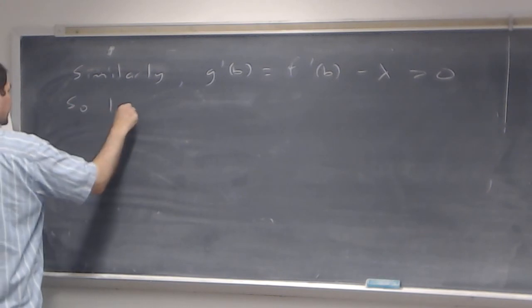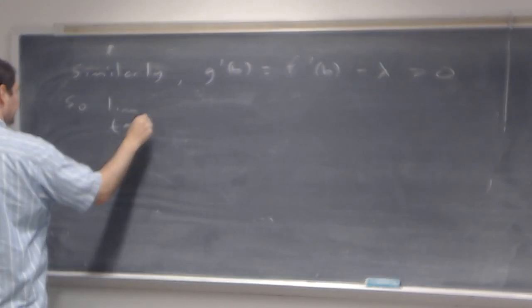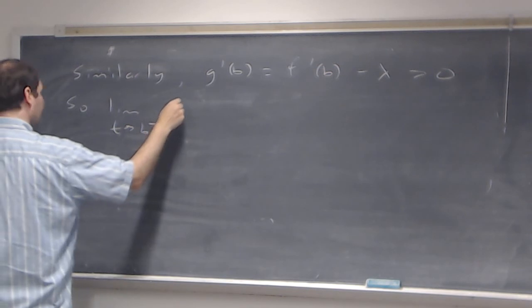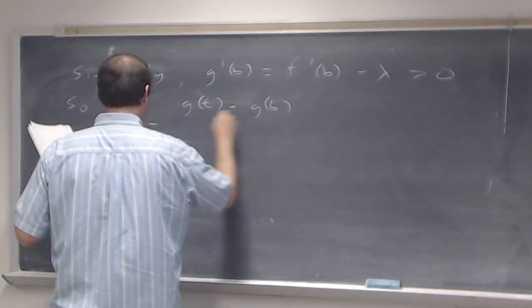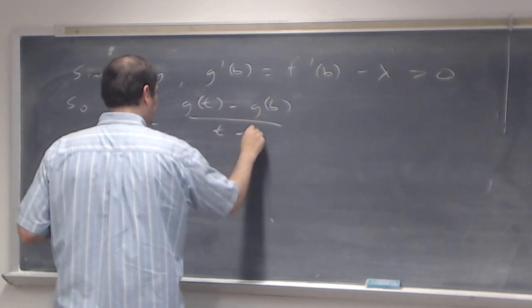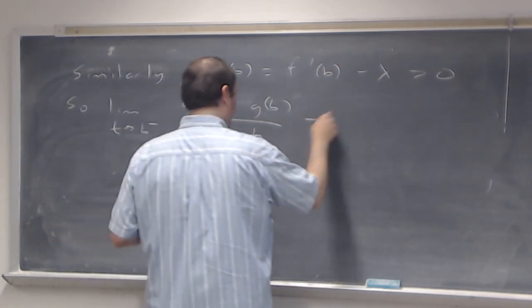So that means that the limit as t goes to b from the left of g of t minus g of b all over t minus b is going to be greater than 0.